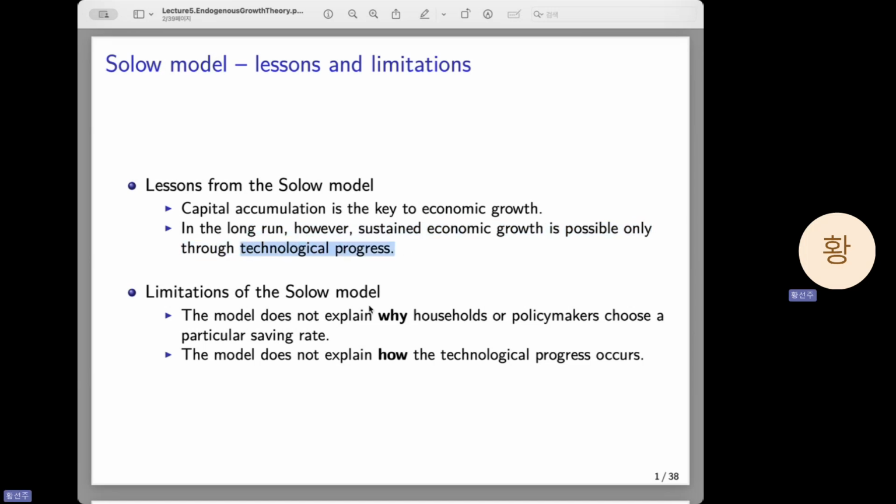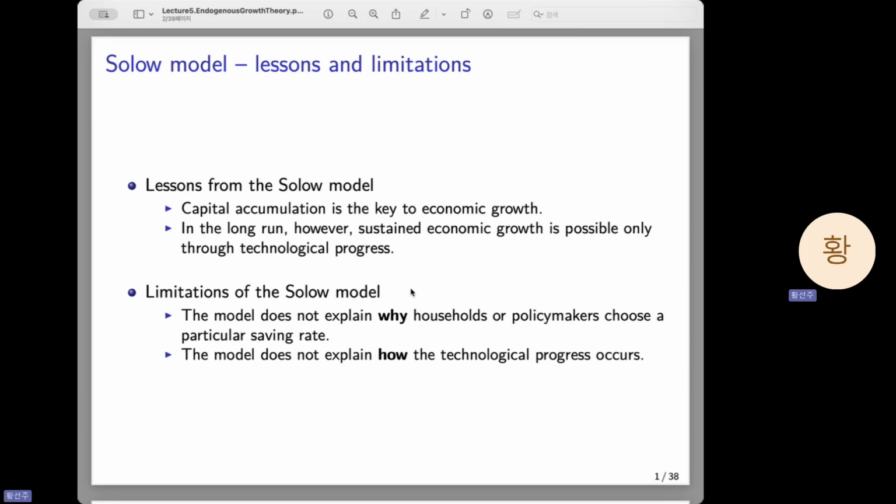So, in the Solow framework, accumulating capital alone cannot sustain growth forever. Only technology can keep the economy growing in the long run.